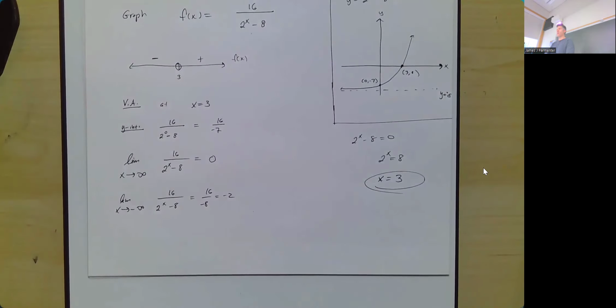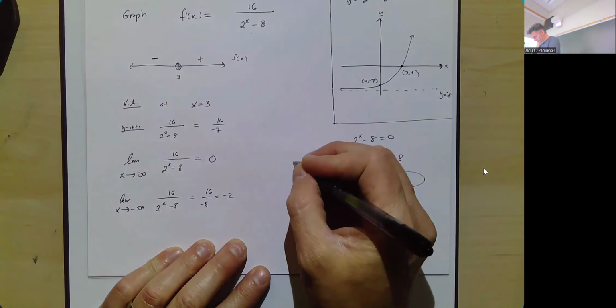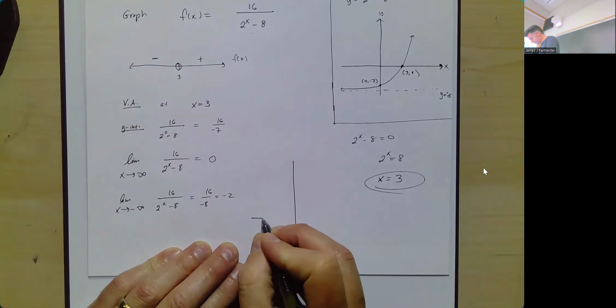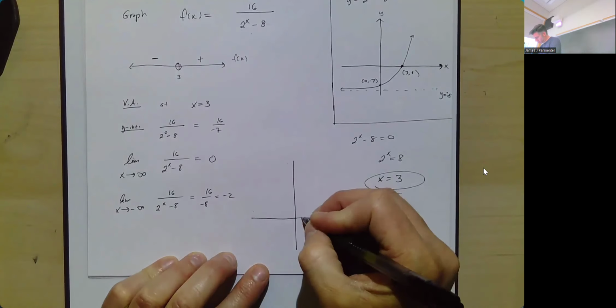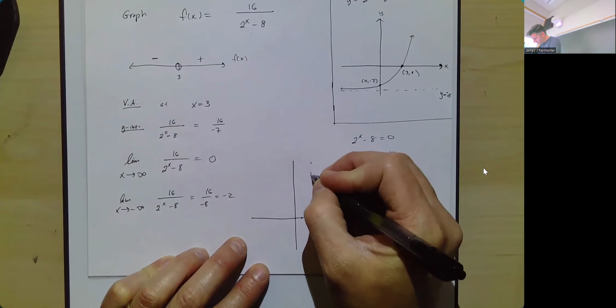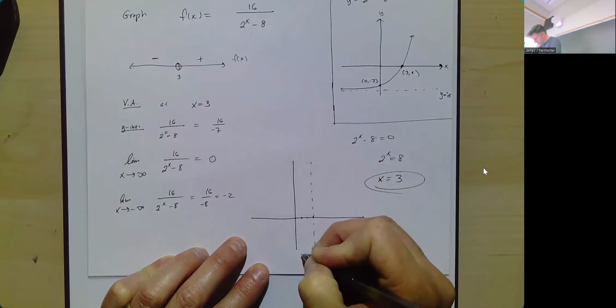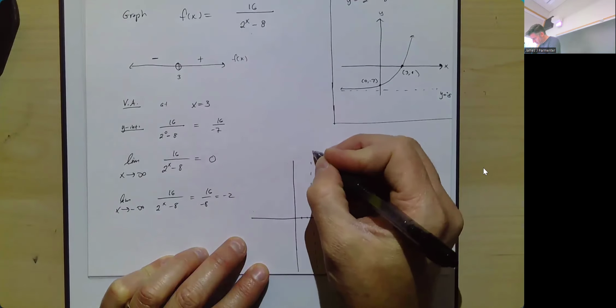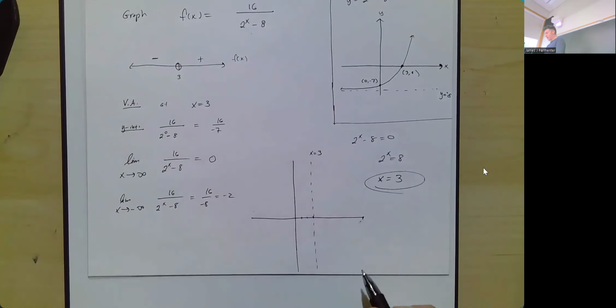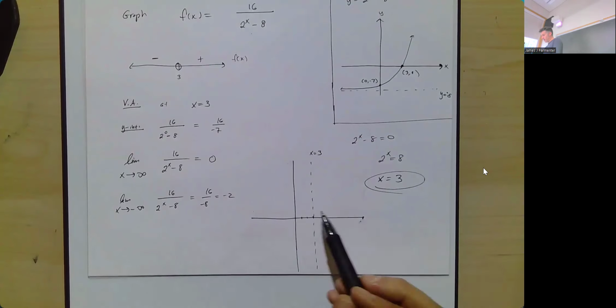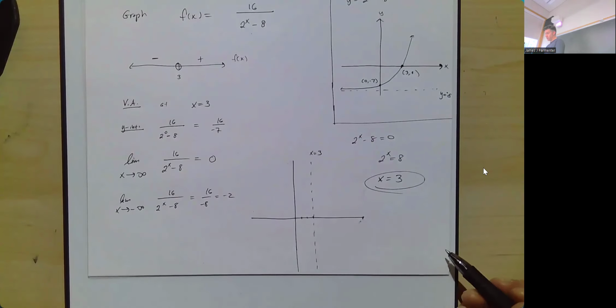And then we can probably throw together a graph. Let's see what we got. So now I have a vertical asymptote at x equals 3. I know to the left of x equals 3, the graph is negative. To the right of x equals 3, the graph is positive. To the right, eventually I'm going to be getting closer and closer to 0.